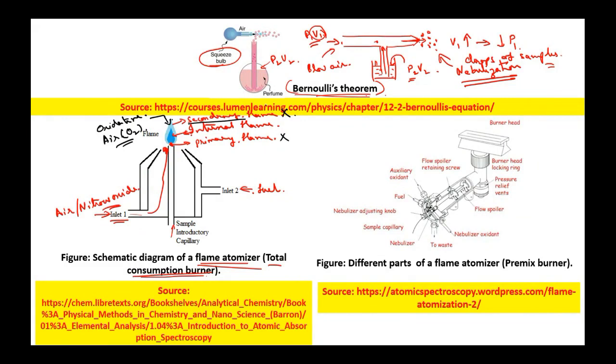Due to this reason, the atoms may easily get oxidized in this outer region, and hence while taking the reading, a conscious effort is made such that the reading is not taken from the secondary flame.